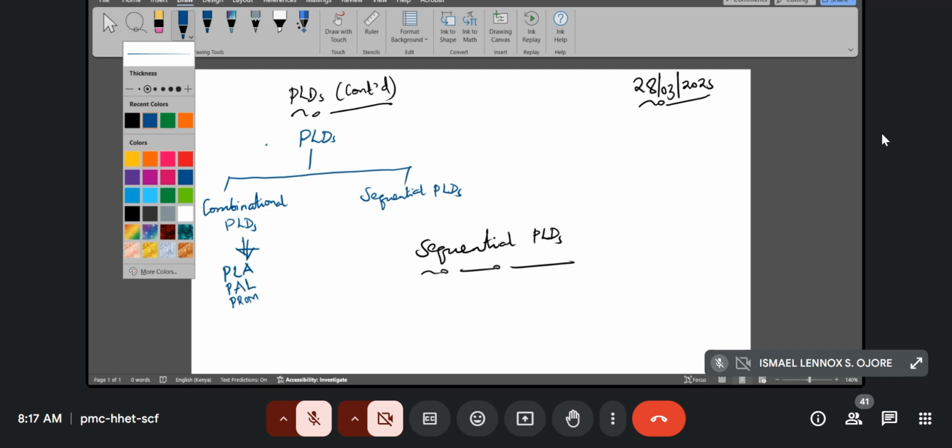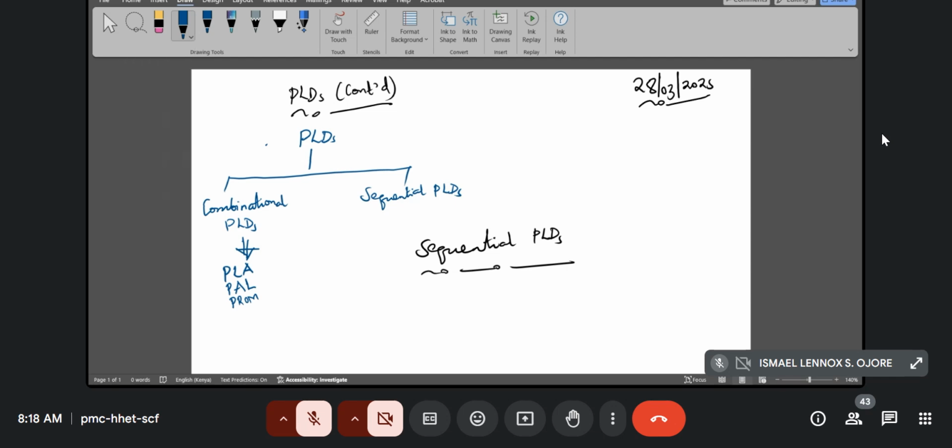In third year, you did combinational logic and sequential logic. What is the difference between combinational and sequential logic? Any difference that you may know of? Anyone?